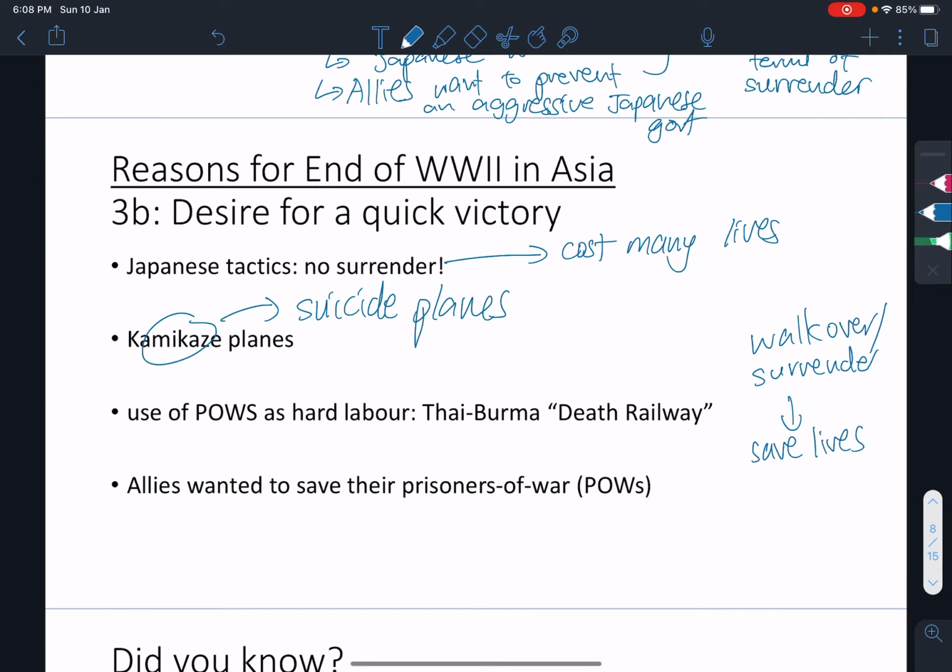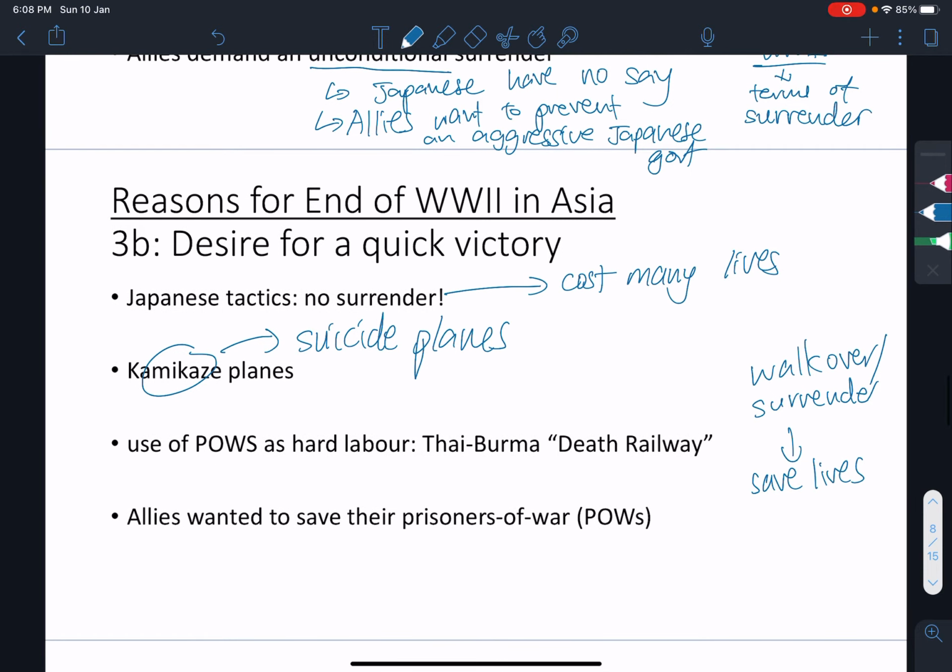If the Japanese just decide to surrender, it means the US doesn't have to launch a land invasion of Japan. So that's what the Allies are thinking. They want to end the war quickly. I want Japan to quickly surrender so that I don't have to spend more soldiers. So this is one of the reasons why they want to end the war quickly, which eventually would influence the decision to use the atomic bomb.